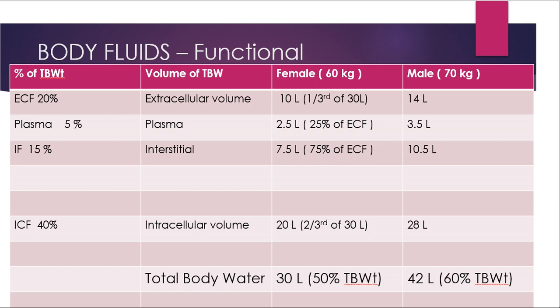So 30 liters, right? And out of this, the ECF amounts to 10 liters in a 60 kg female. Plasma contributes 2.5 liters and interstitial fluid around 7.5 liters.